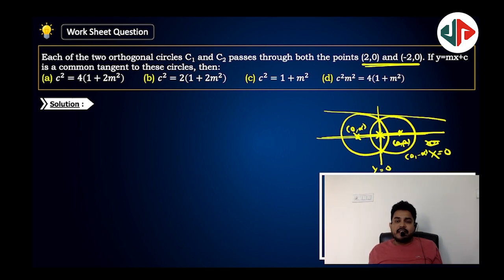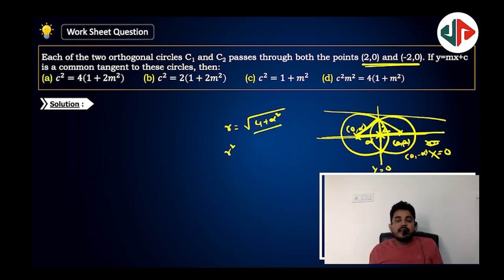So the radius, what is the radius? Radius is root over 4 plus alpha square. And these two circles are orthogonal. So this length is 2 units, this is alpha. So this value will be equal to r square.